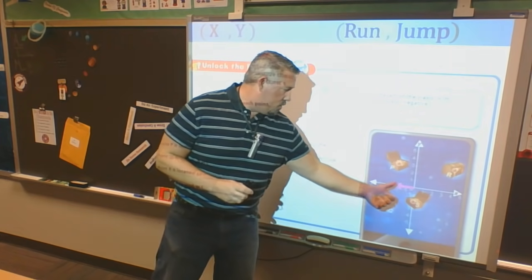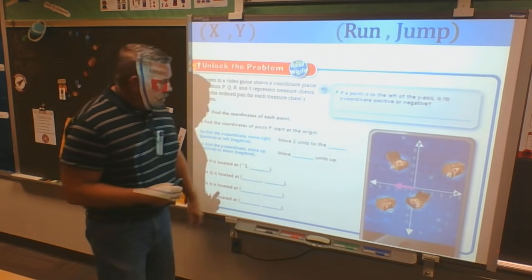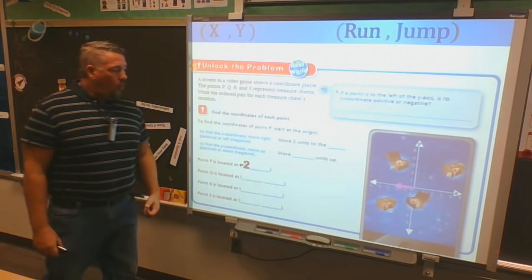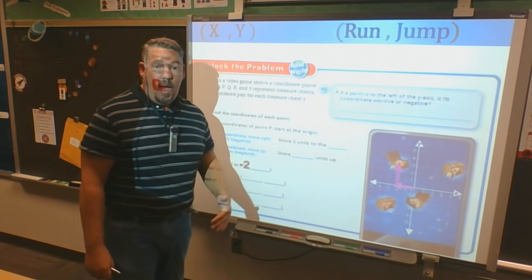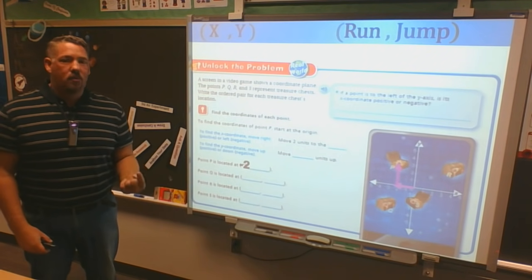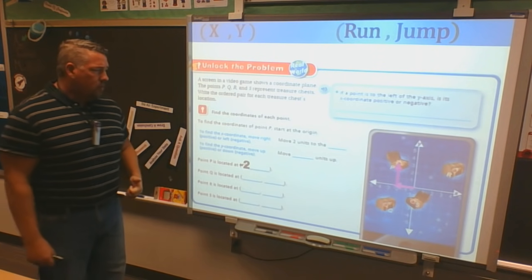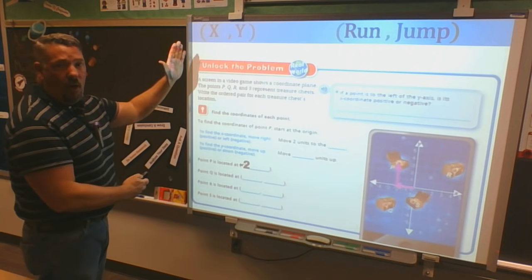So I go backwards 2, and then it tells me to go where? Well, it has 1, 2, 3 boxes. So if I go up 3, then I know my second number has to be a positive 3, because going up has all of my Y-axis in positive realm. So I run backwards -2, I jump up a positive 3.